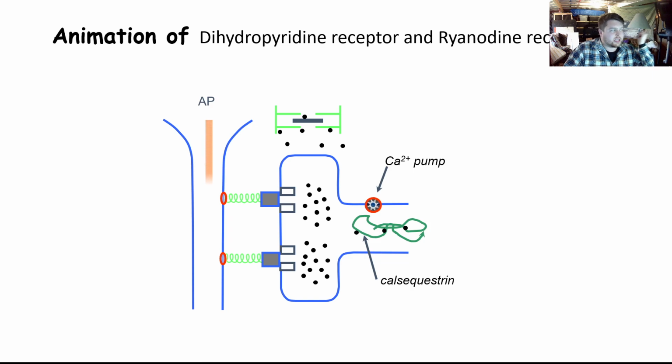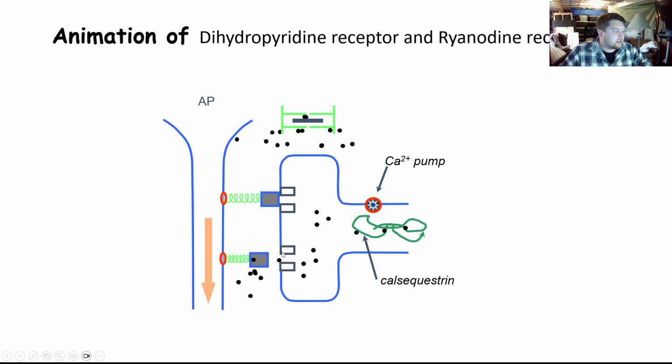So our action potential comes down the T-tubule. The voltage changes. Our DHP receptor senses that, opens our ryanodine calcium channel, and calcium comes out and is released into that general area, and later the calcium pump brings it back in.